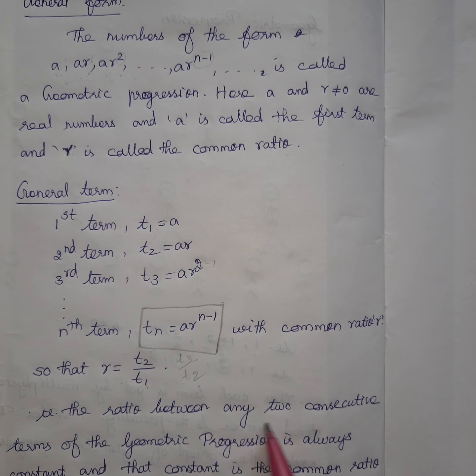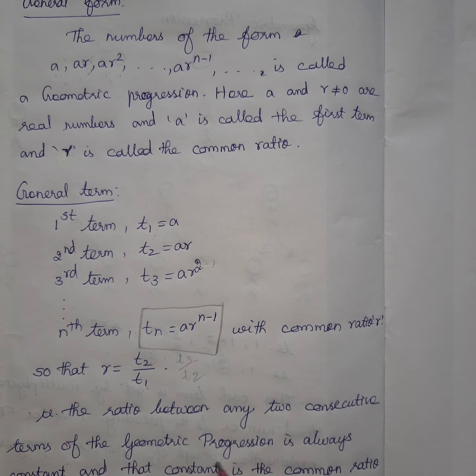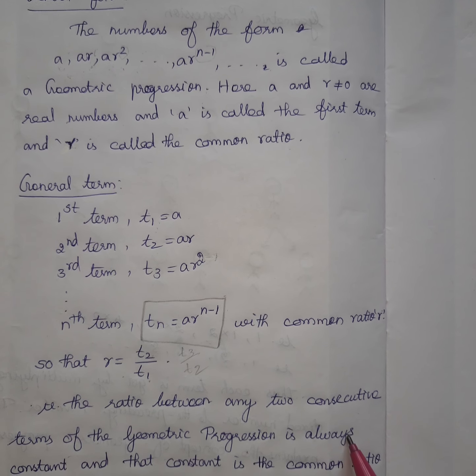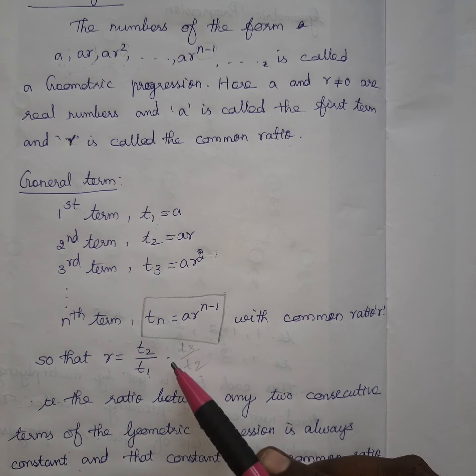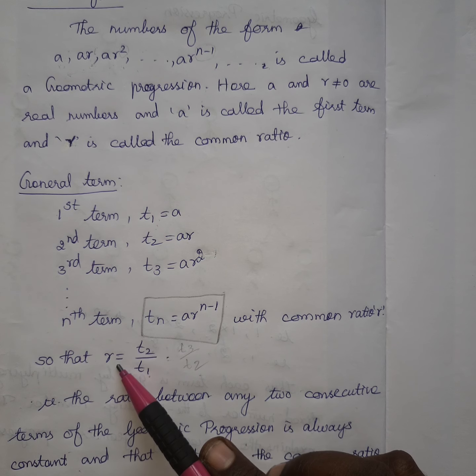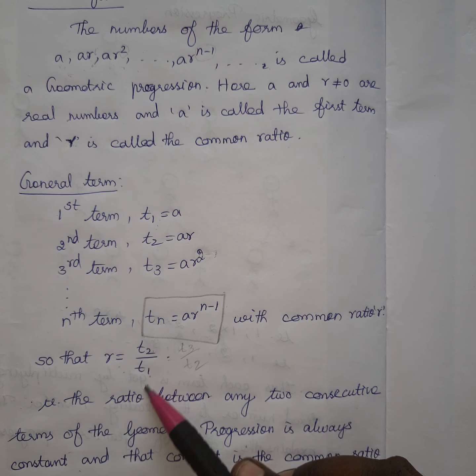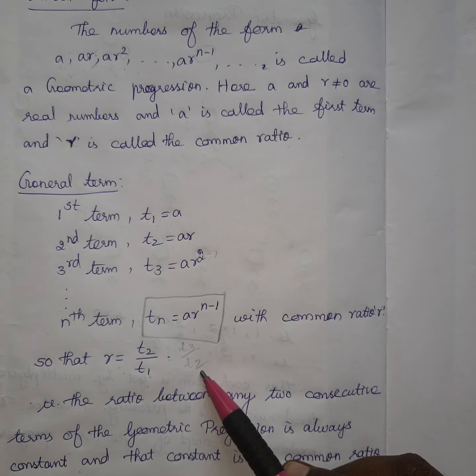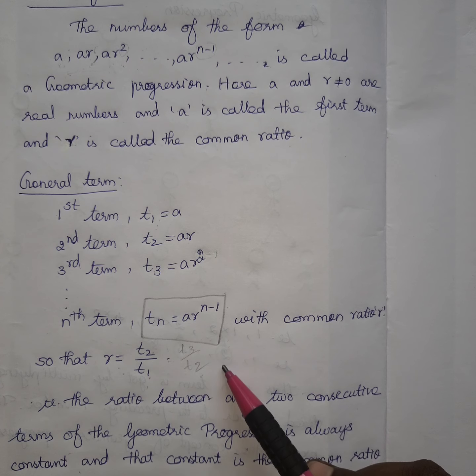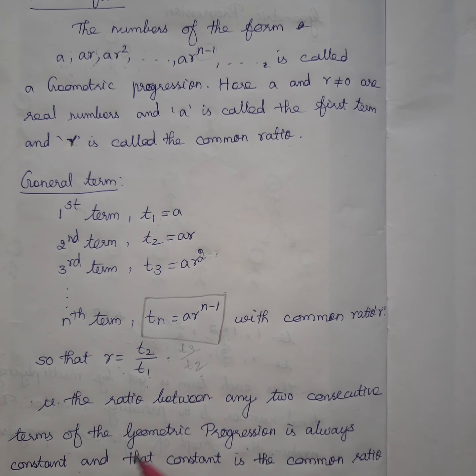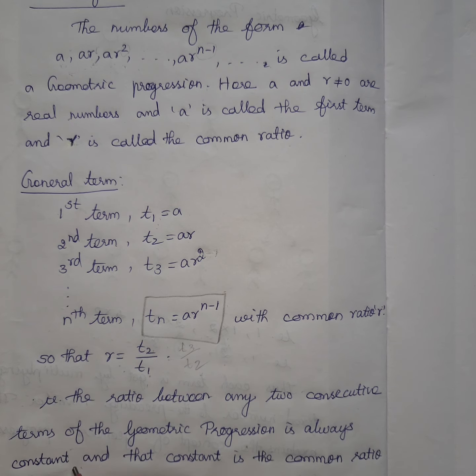The ratio between any two consecutive terms of a geometric progression is always constant. Whatever value you take, you will get the same value. T2 divided by T1 is the same as T3 divided by T2, that is the same as T4 divided by T3, like that way. That is mentioned as constant, and that constant is the common ratio of the given progression.